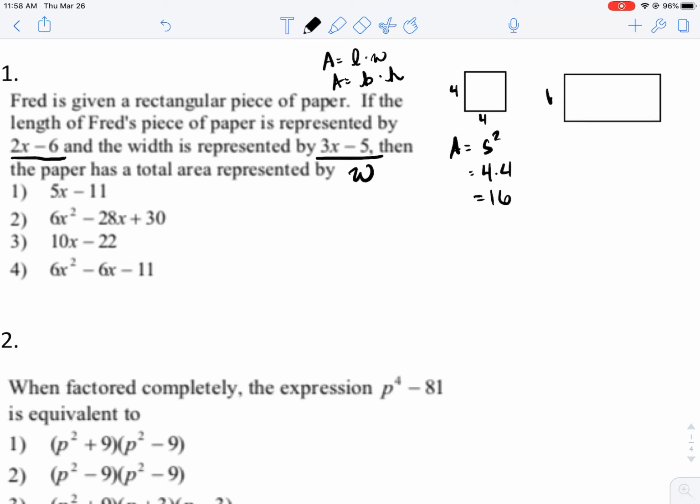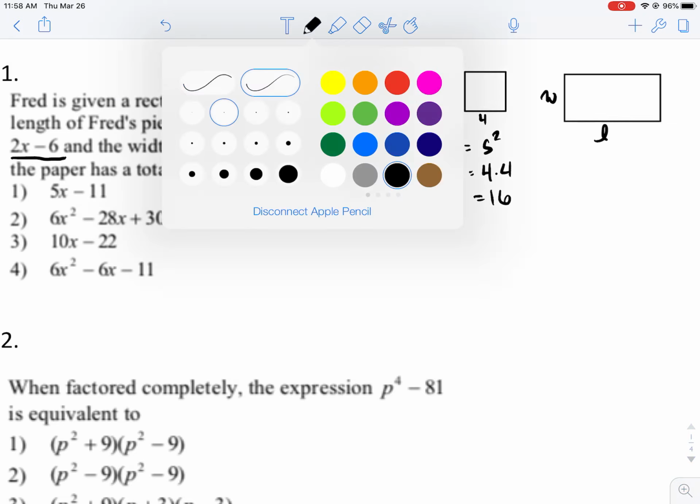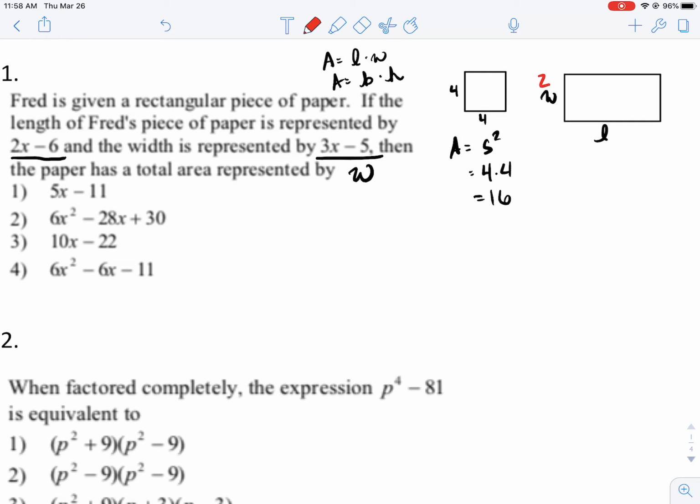To find the area of a rectangle, same process. In this case, let's say the width was 2, and this was 4.